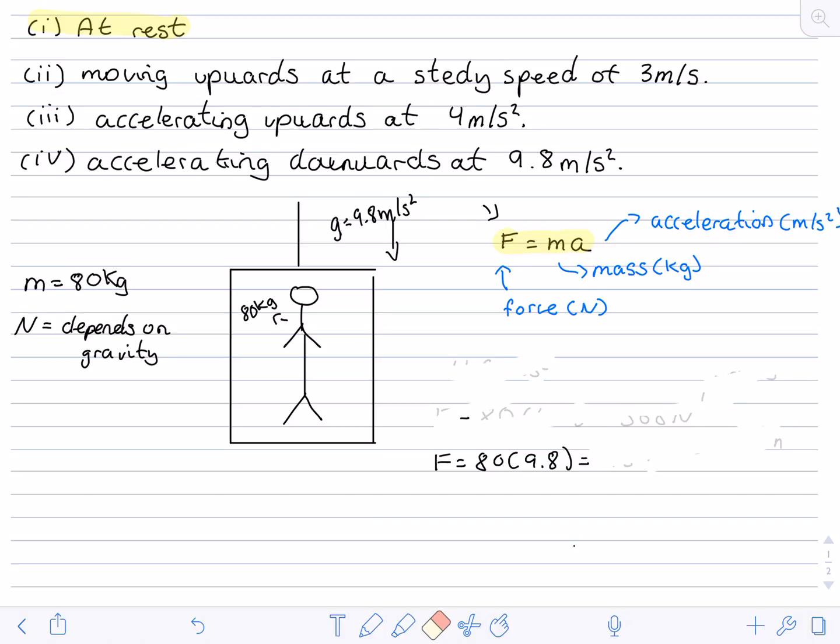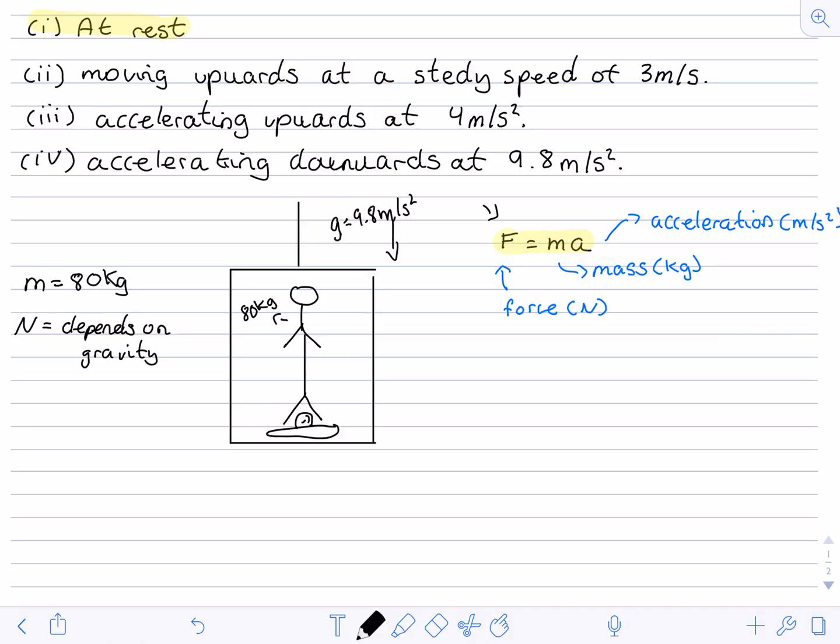Second of all, you should also know that gravity changes depending on the movement of the person or object. Let's say this person is in the elevator, on a weighing scale, and the elevator isn't moving.